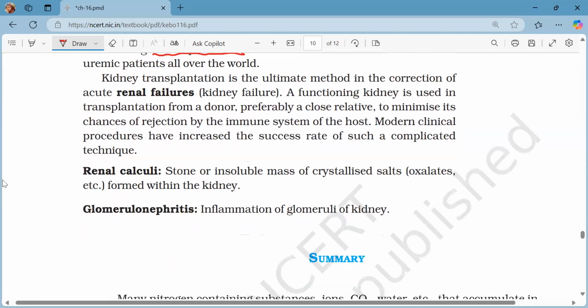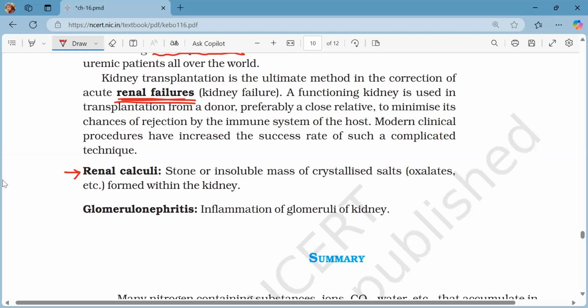Now, kidney transplantation is the ultimate method wherein renal failure, that is kidney failure, can be corrected. In an organ transplant, a functioning kidney is transplanted surgically from a donor into the person who has undergone kidney failure. Because of this, the person now has a kidney to live. Then there is renal calculi.